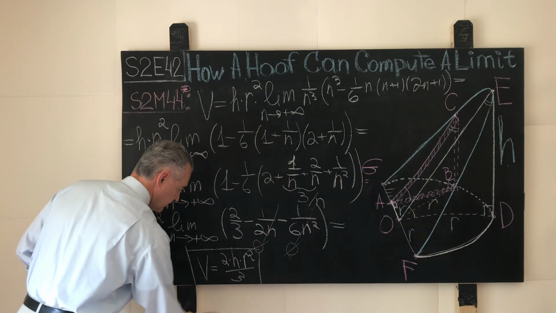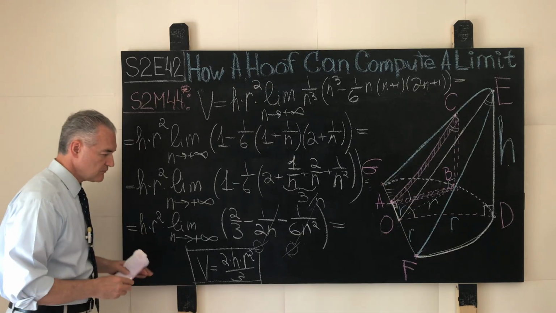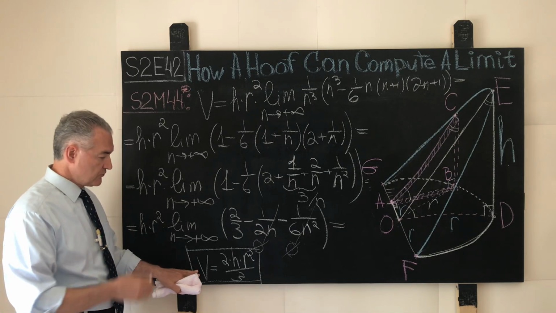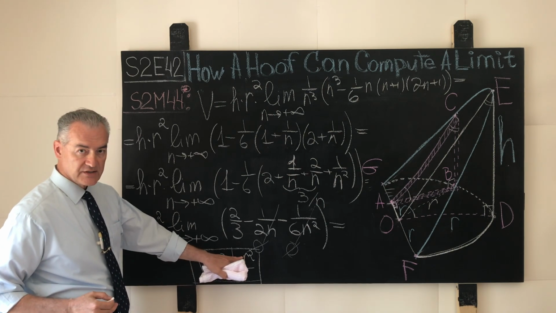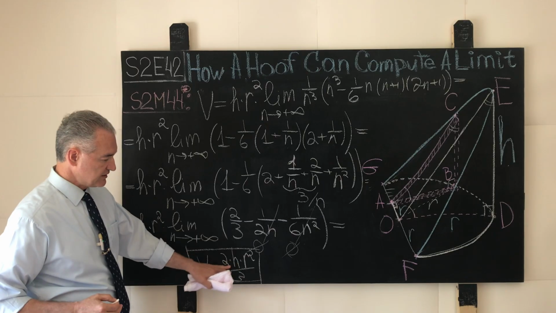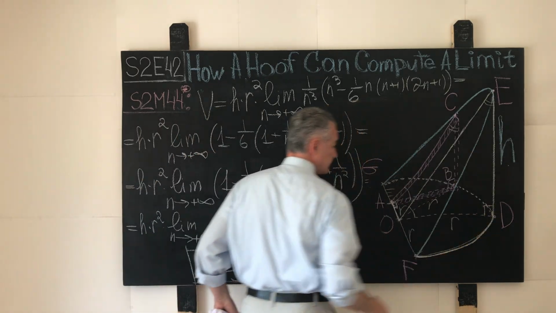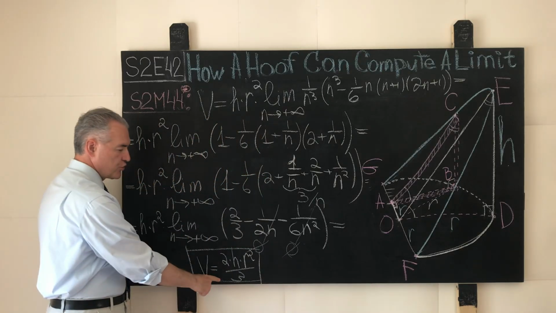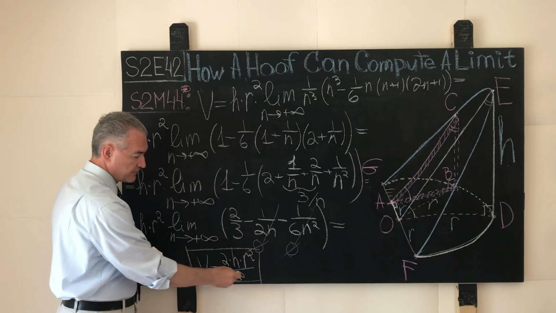This is an absolutely amazing result. The volume of a hoof of Archimedes with the length of the radius r for its semicircular base and h for the length of its height is basically 2/3 of the product of h and r squared.